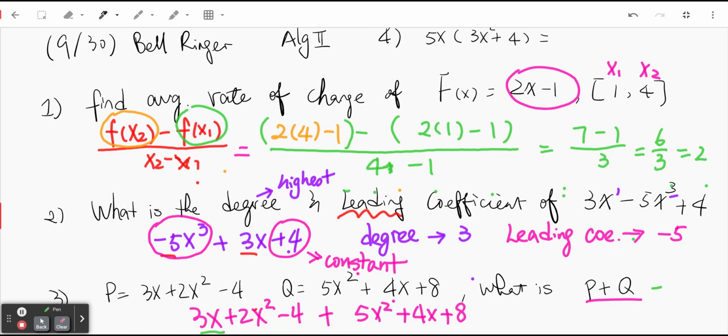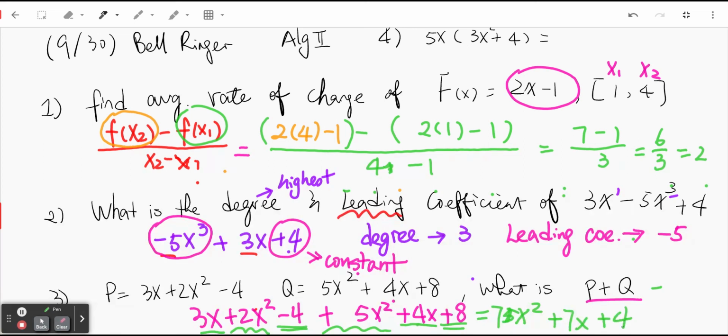So 3x with 4x, okay? Then 2x squared with 5x squared, and then -4 with +8. Your final answer is 7x squared plus 7x plus 4.